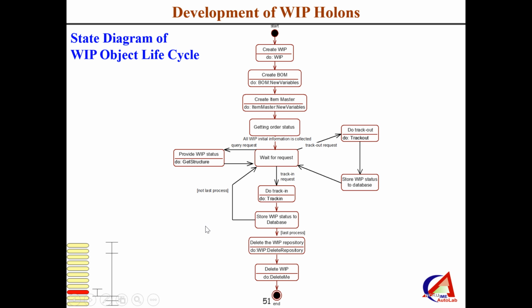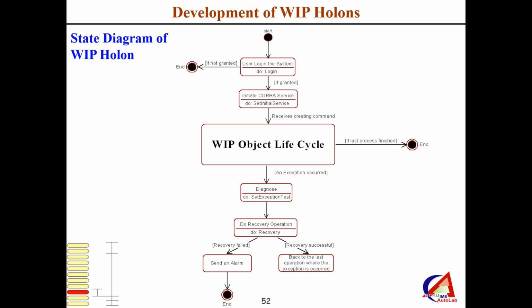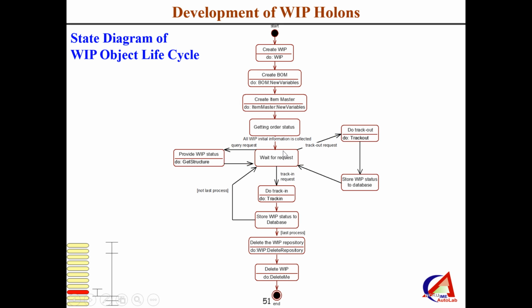Then we have the object life cycle. This is the state diagram of the whip Holon. The whole whip Holon is something like that, but this portion, the whip object life cycle, is shown here. You see, we have this input and those outputs, right?